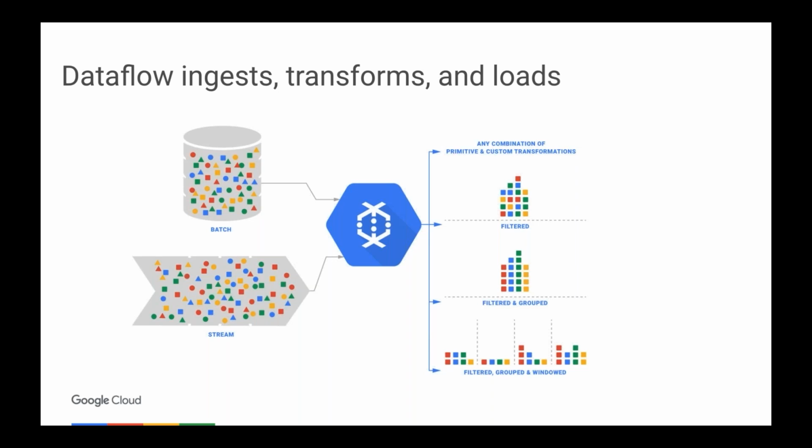Apache Beam is open source software, and basically what it does is it supports both batch and streaming workloads. So that's, by the way, where it gets its name, right? Where batch and stream is a portmanteau that together makes Beam.